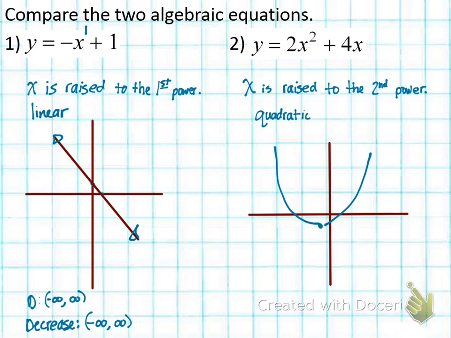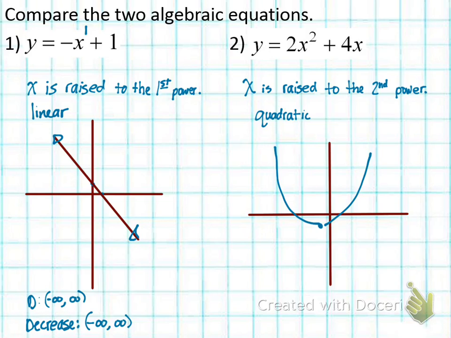On the quadratic graph, we know that it's decreasing. We know that it's decreasing from negative infinity to negative 1, because our vertex is someplace on this axis of symmetry here. I didn't calculate it, but I know that if I were to calculate it, it would be on that axis of symmetry because of negative b over 2a.